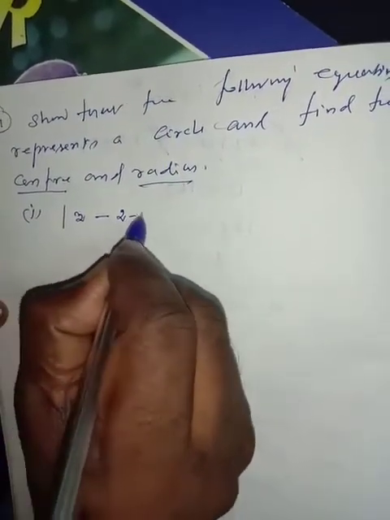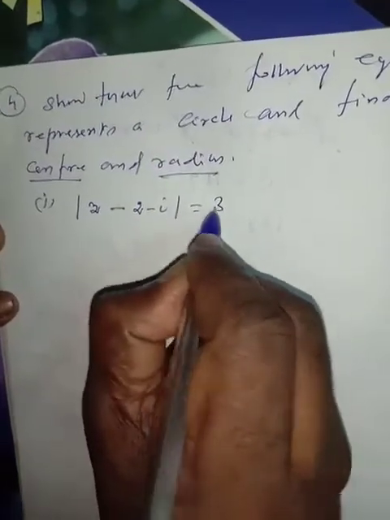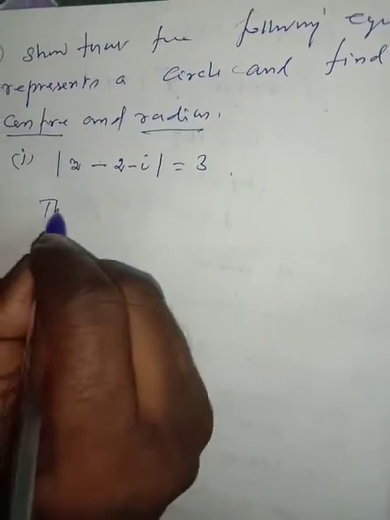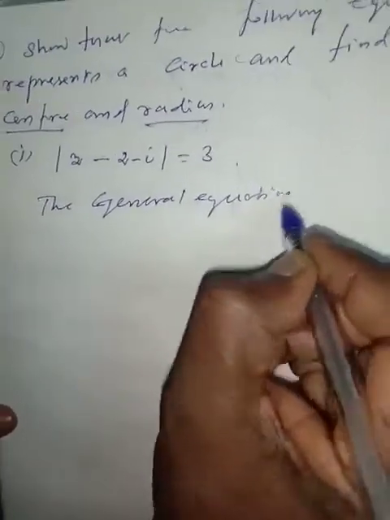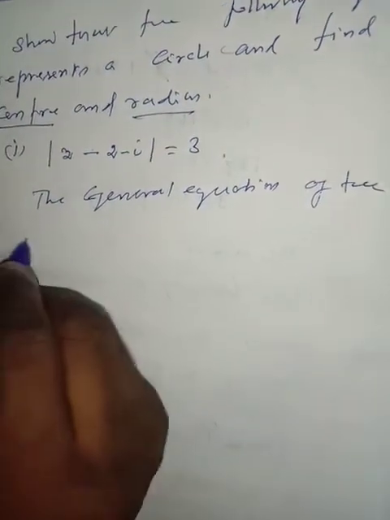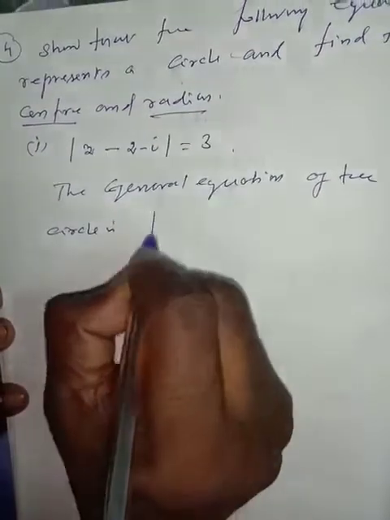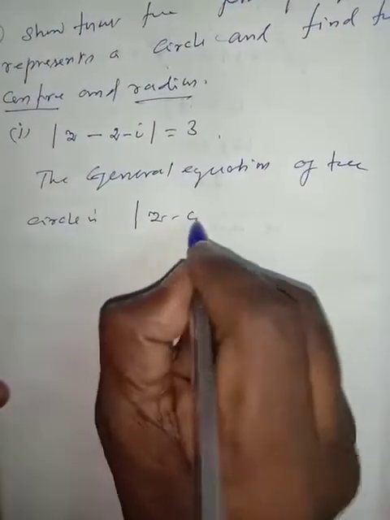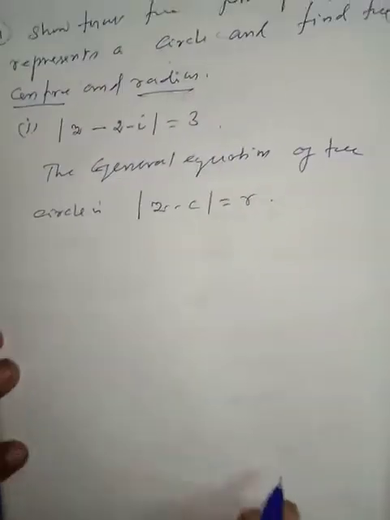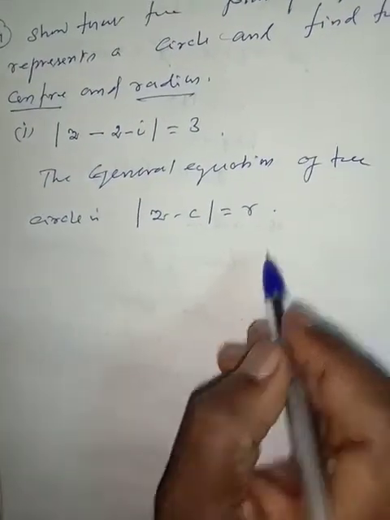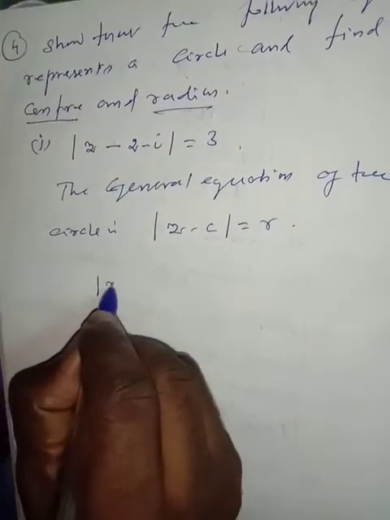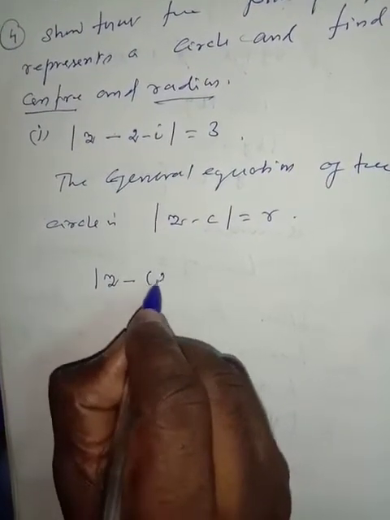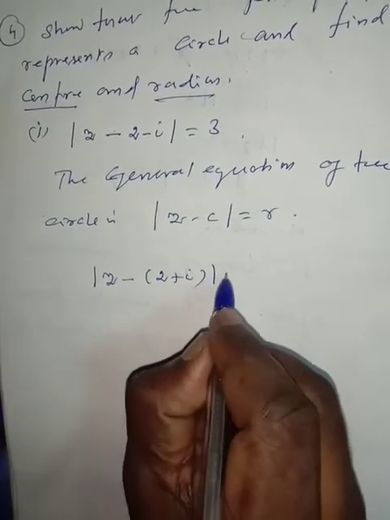Now, the general equation of a circle is of the form |z − c| = r, where c is the center and r is the radius. So the given equation becomes |z − (2 + i)| = 3.